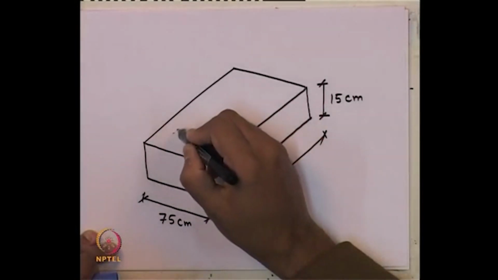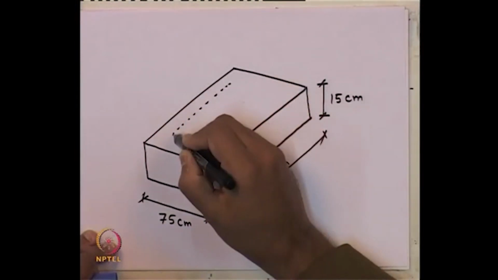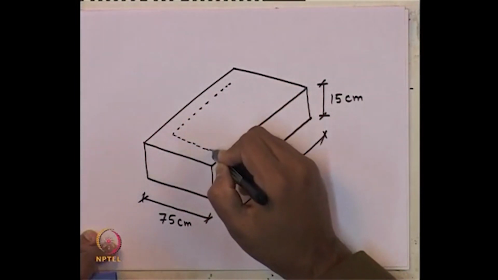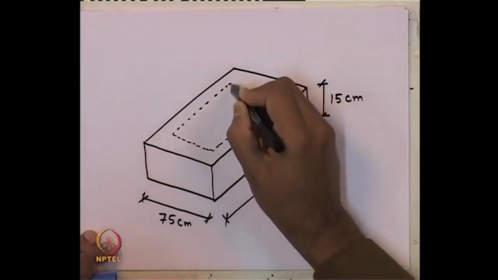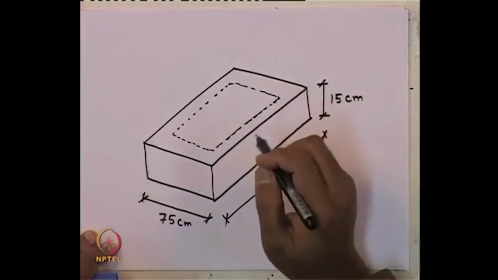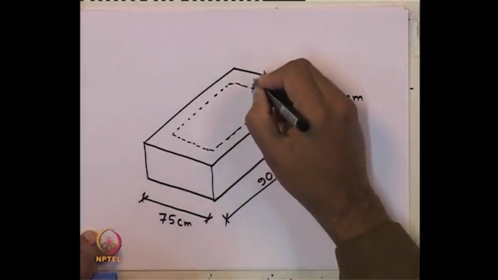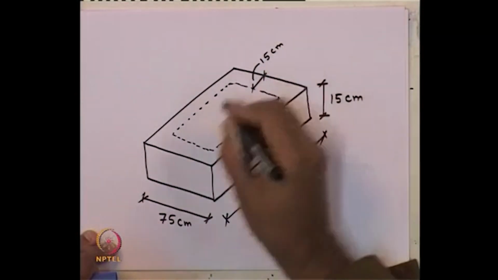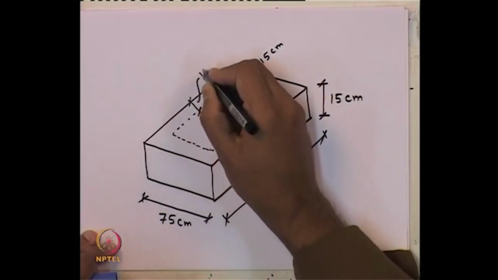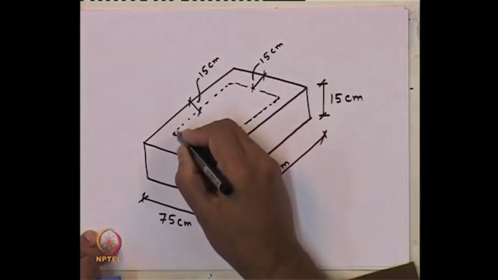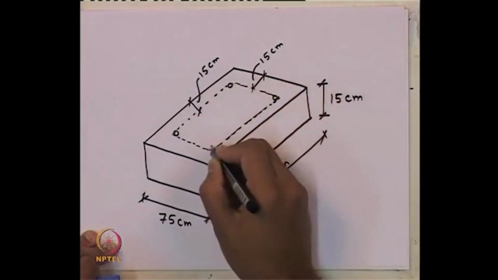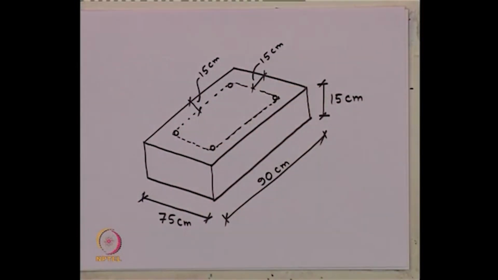Whereas, on top of it the placing of the machine base plate should be done like this, so that this clearance of 15 centimeter all around is available. That is the design component. Now, this provided size is much more than good enough compared to whatever we are getting from Tschebotarioff's chart.